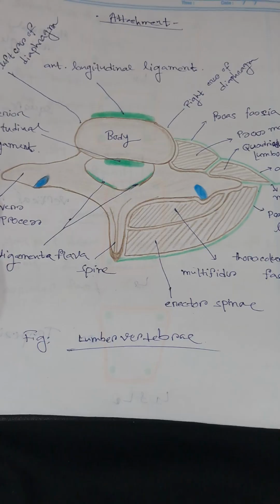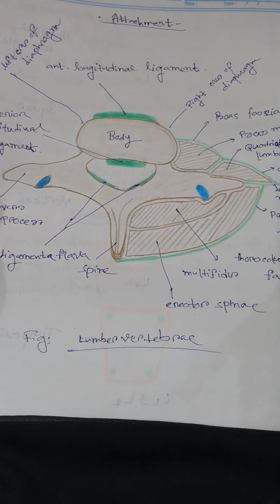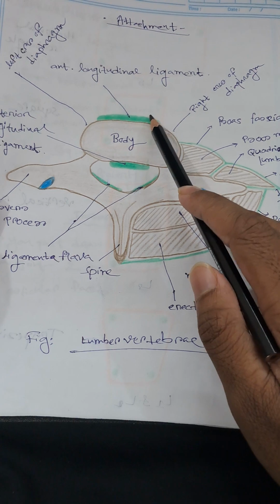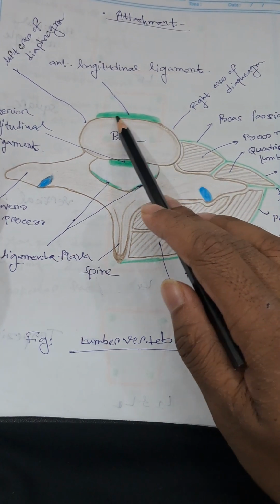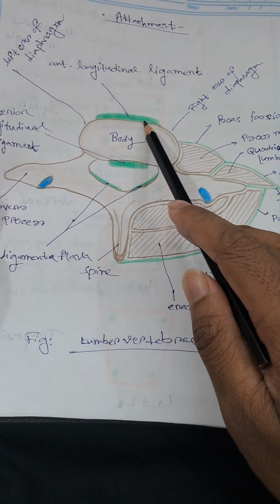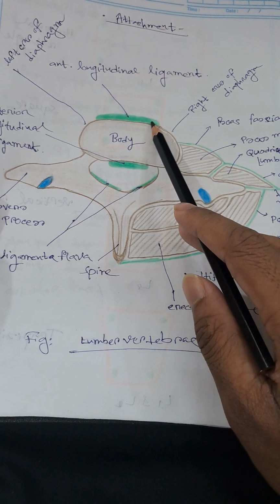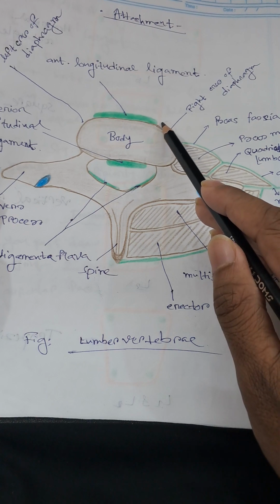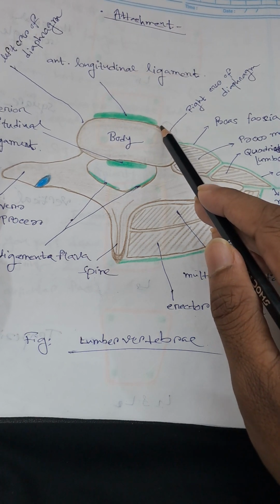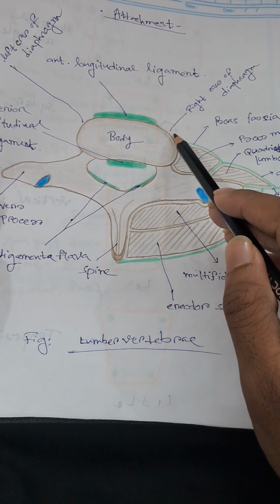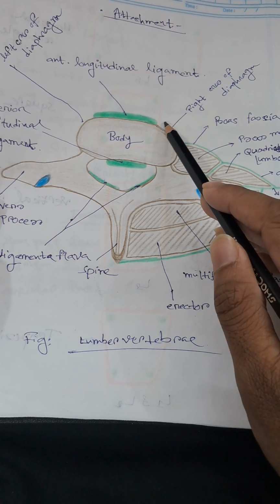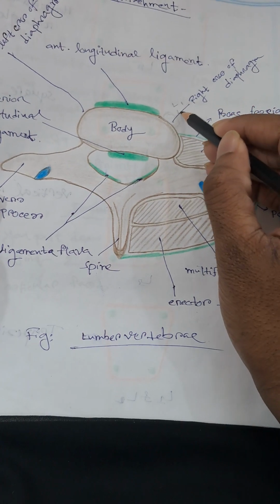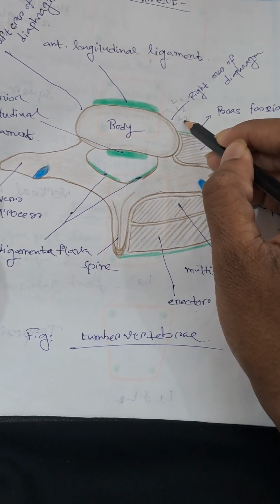Now I show you this diagram. The anterior part of the body is attached with the anterior longitudinal ligament, and on the right side it is attached with the right crus of the diaphragm. On the right, the crus of the diaphragm attaches to lumbar 1, lumbar 2 and lumbar 3.